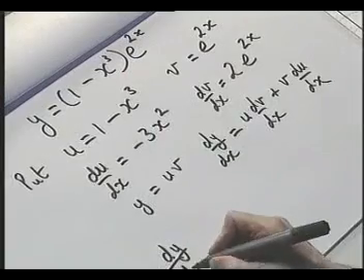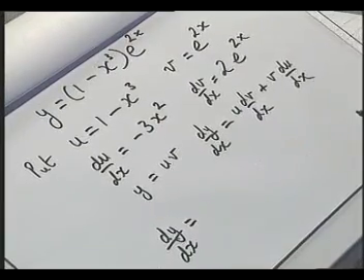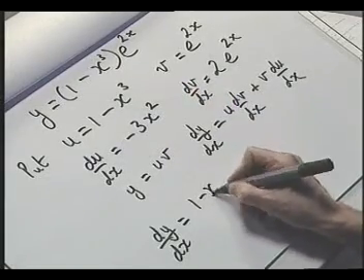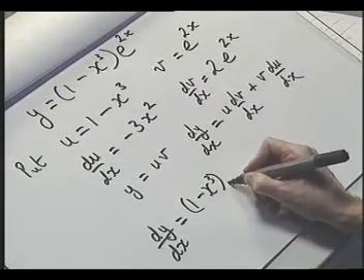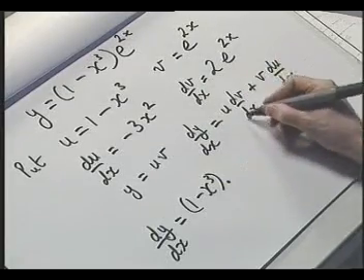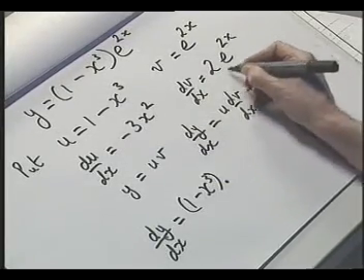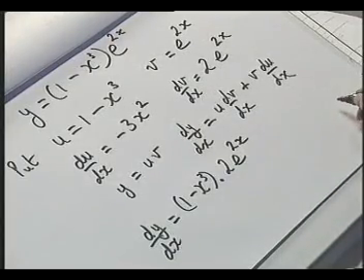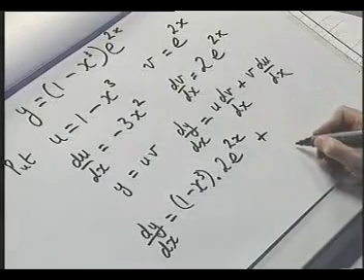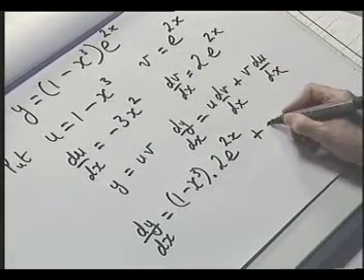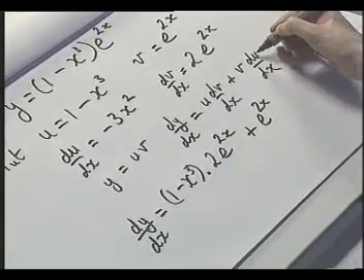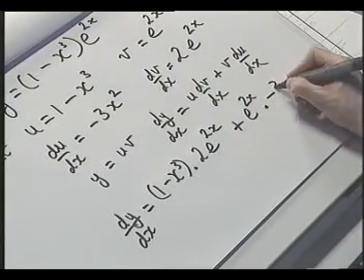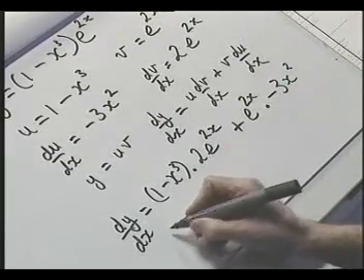Dy by dx is equal to u to begin with, that's 1 minus x cubed, times by the derivative of v, dv by dx, so that's 2 times e to the power 2x, plus, and now we want v, that's e to the 2x, and now we want du by dx, and that's minus 3x squared. So that's times by minus 3x squared.